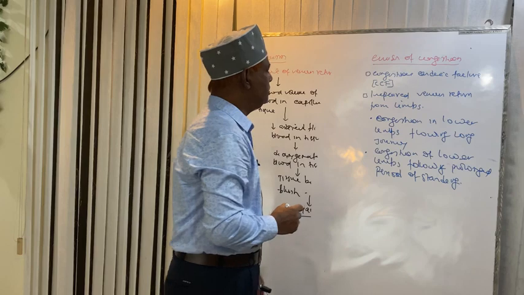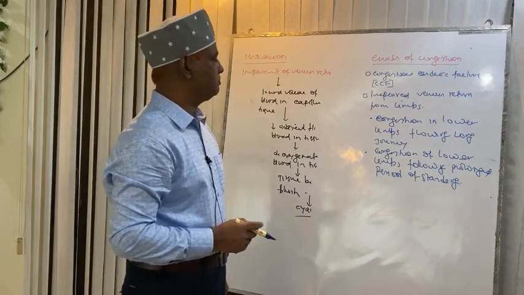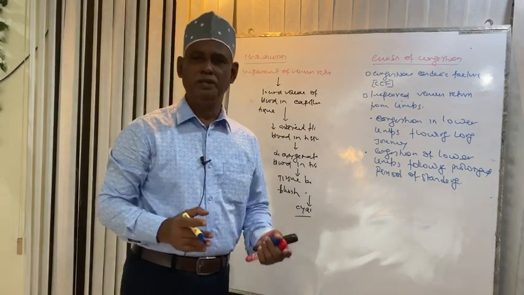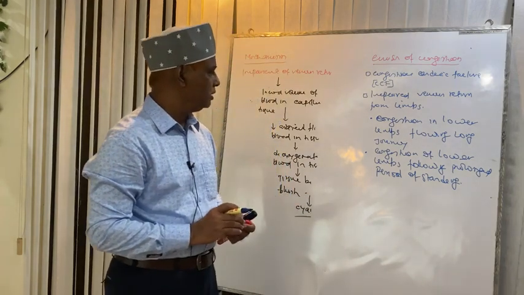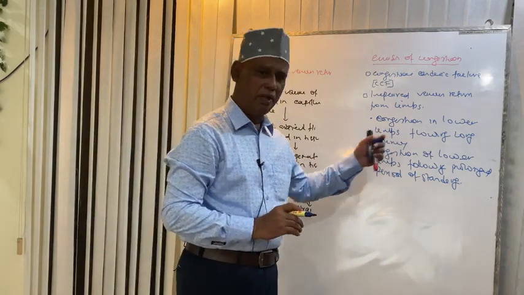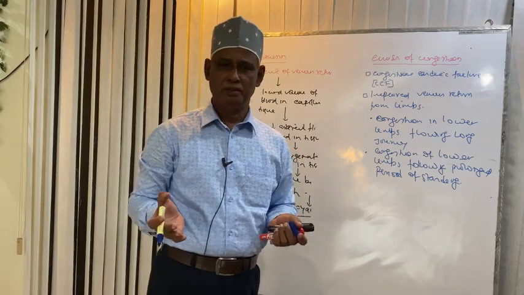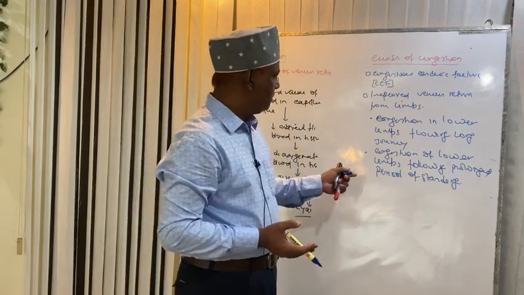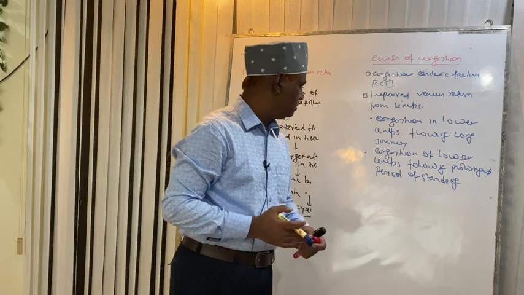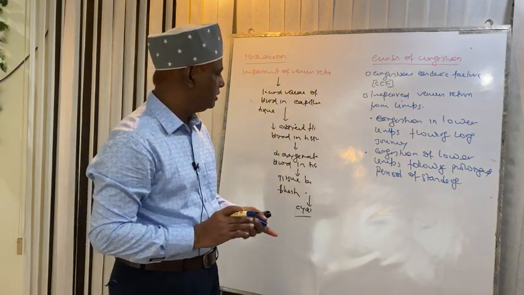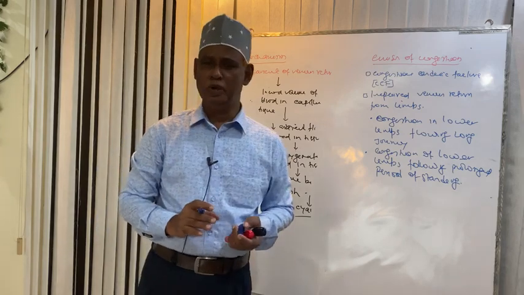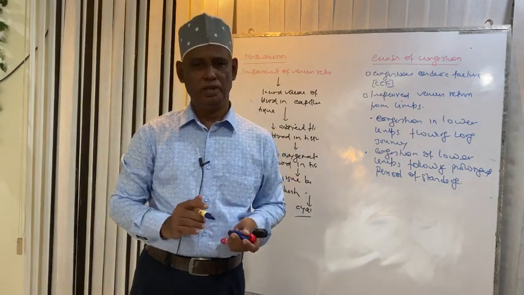Dear audience, again, if anybody suffers from congestive cardiac failure, the entire body is congested. If anybody has a long journey, there will be congestion of the lower limbs. That is localized congestion. And after a prolonged period of standing, there is chance of congestion of the lower limbs, and it is also localized congestion.